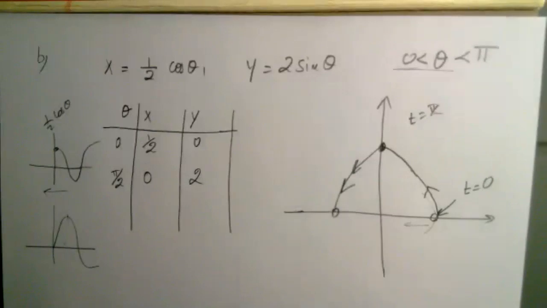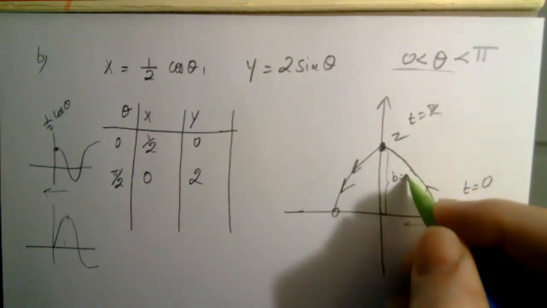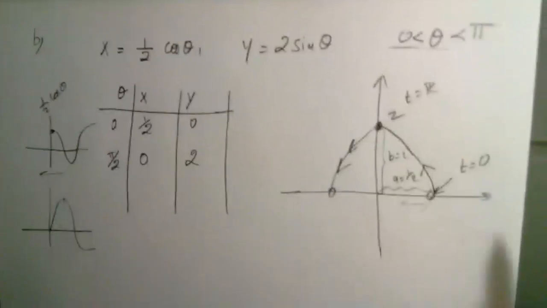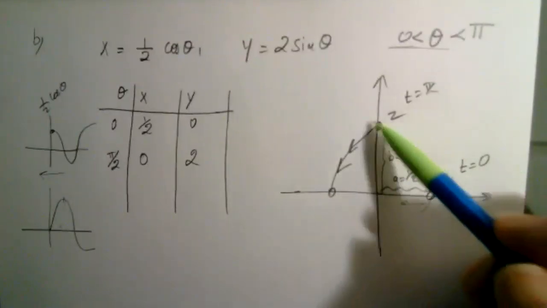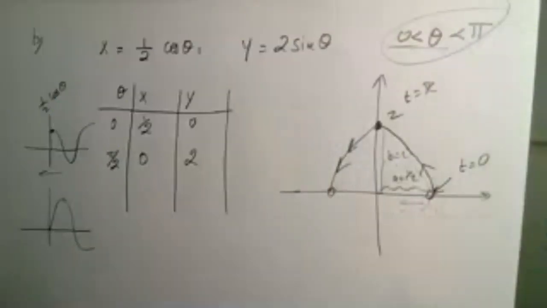So this parametric equation describes an object which is moving along an ellipse. This is the B of the ellipse, and this is the A of the ellipse. It's moving in a counterclockwise direction. It's not covering the whole ellipse because we have a restriction on the domain of theta.